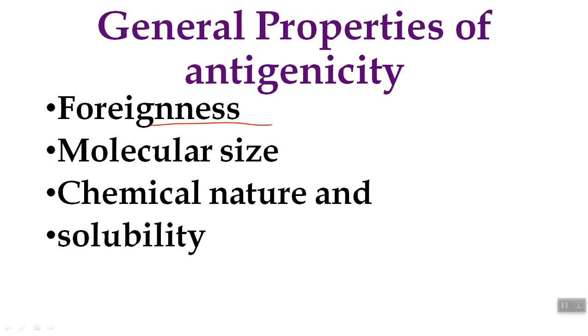In nature, an immune response will occur to a component that is not normally present in the body. So our body itself will show the reaction to the non-self molecule. It will not elicit the immune reaction to the self molecules or the body's own cells.